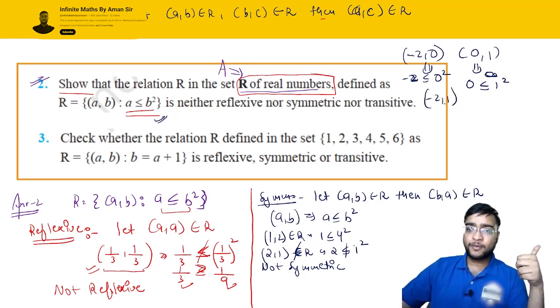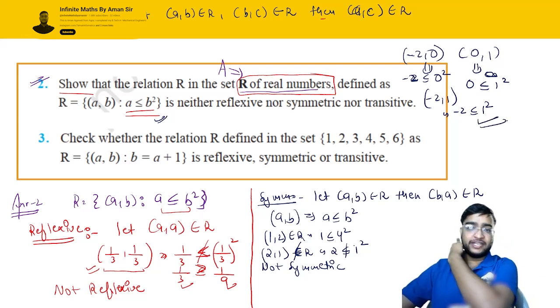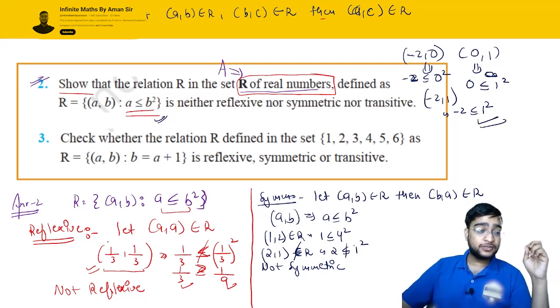So is this pair acceptable? Yes sir, because -2 is less than 0 squared. For the next pair, 0 is less than 1 squared. So ultimately, what about (-2, 1)? Does it hold my condition? Yes sir, because -2 is less than 1 squared. So this is the true condition, and what I need is the false condition here.